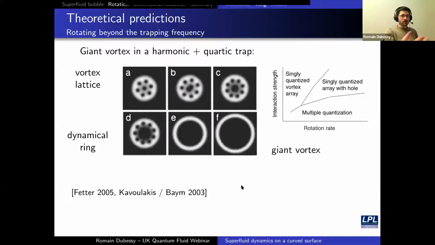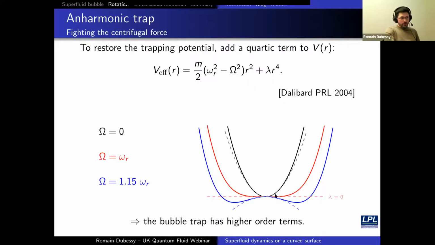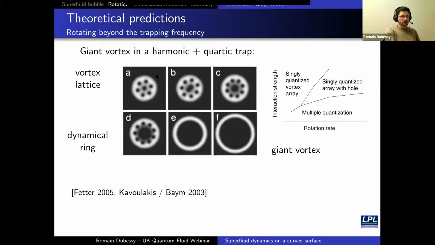So there are these higher order terms, and the possibility to reach new shapes of the potential with local minima at finite radius triggered some theoretical works that predicted that in that case, for this harmonic plus quartic trap, you expect to see a transition from a vortex lattice with some order to a system where you have a large hole in the middle and then something that is called a giant vortex, where all the vorticity is now contained in the central hole.